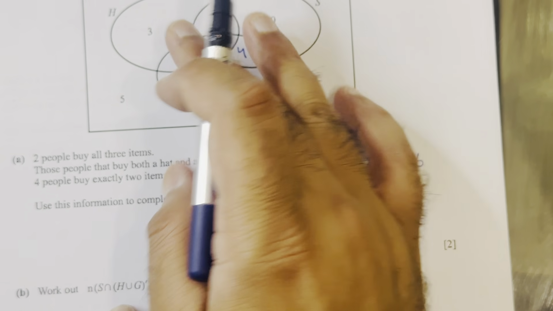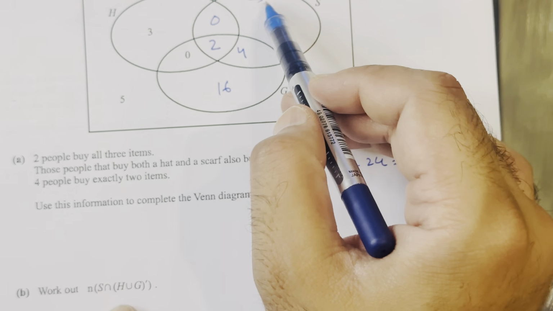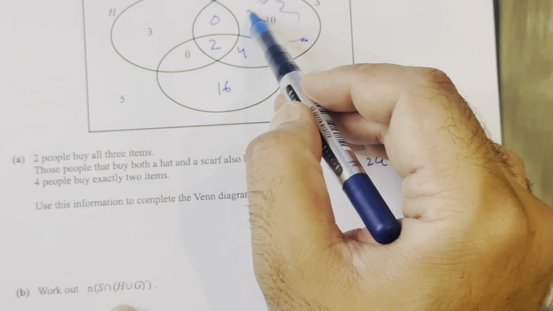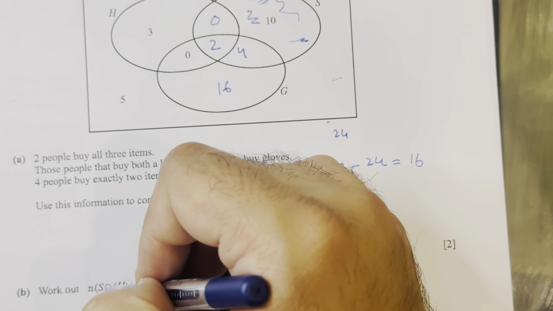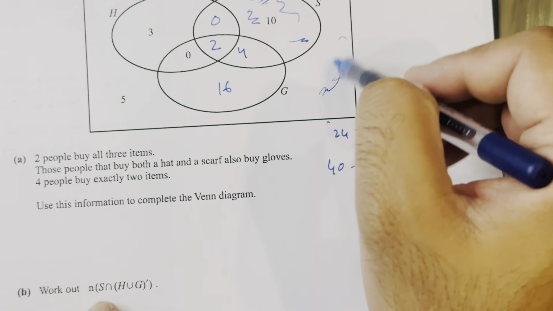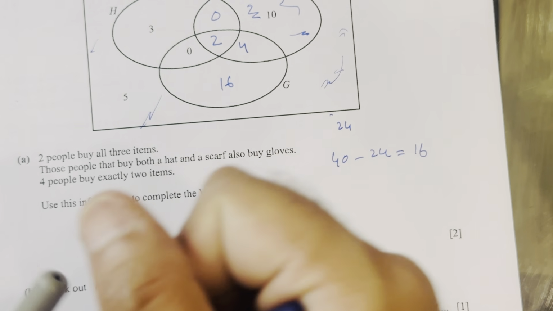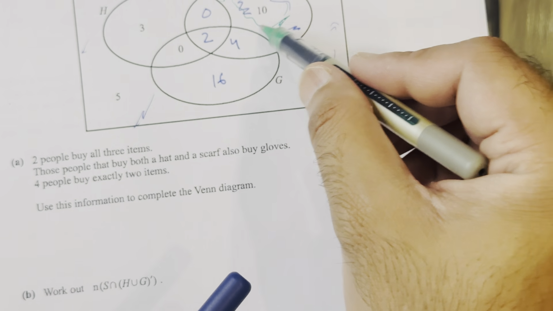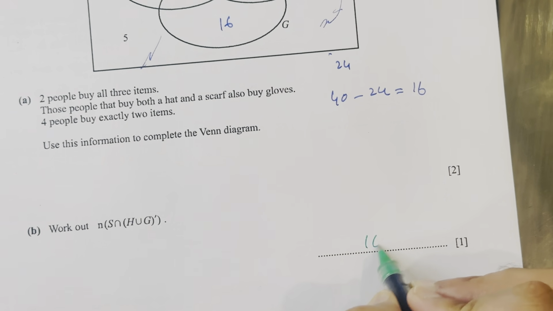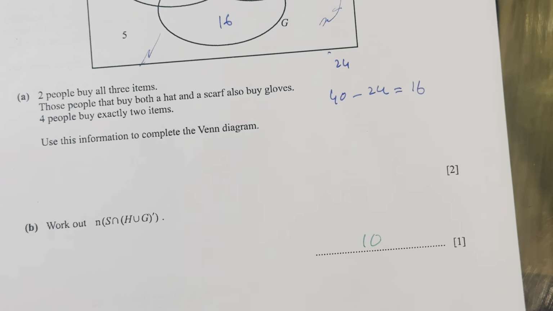After taking the complement, this would be our shading portion. And after taking the intersection, the common shading part would remain, this value of S. So the answer is 10. This was again an easy question.